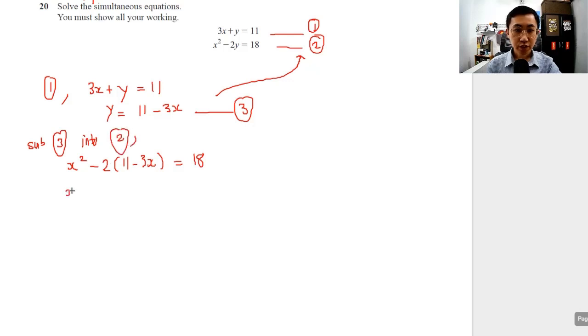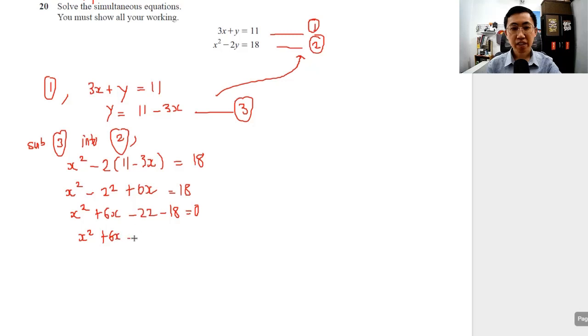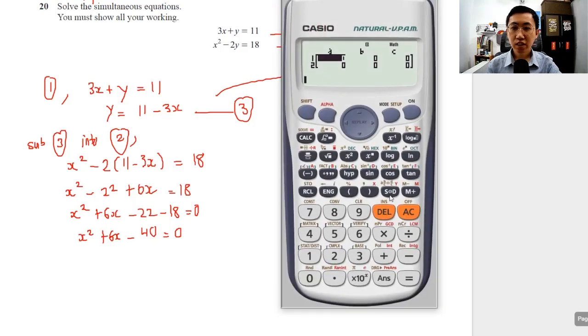Alright, so we are going to expand this now. Minus 22 plus 6x equals 18. So x squared plus 6x minus 22 minus 18 equals 0. So you get x squared plus 6x minus 40 equals 0. Make sure you form a quadratic equation. Now we're going to find the value of x. Hold on, now I am going to press number 3.